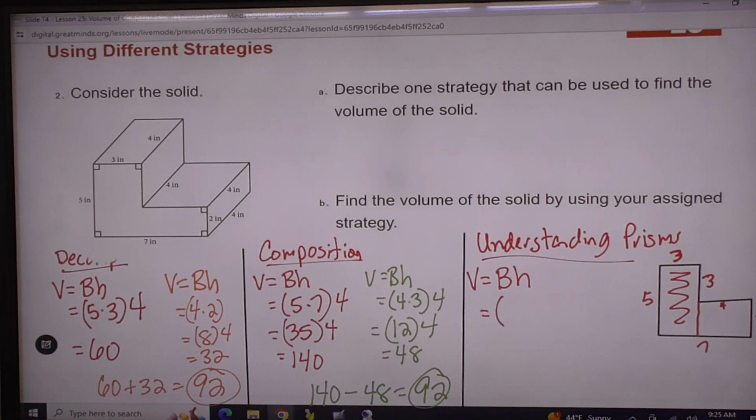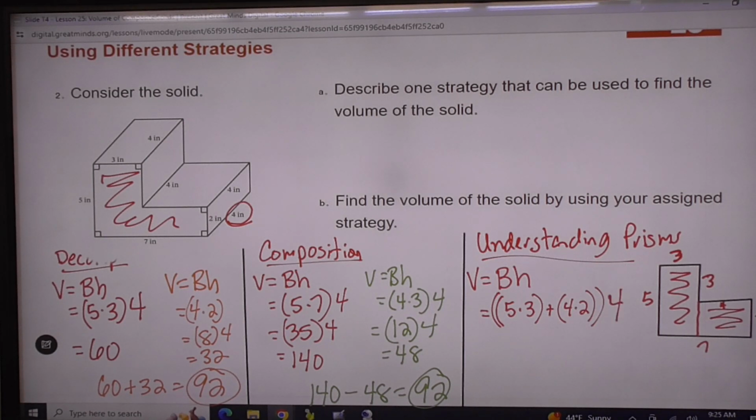So the area of this base, that's going to be 5 times 3, plus the other part that is right here, that's going to be 4 times 2. So that's my area of my base. I'm going to put all of that in some big parentheses. And then I'm going to multiply it times the height of the actual prism. So if this base is on the ground, 4 is still my height.